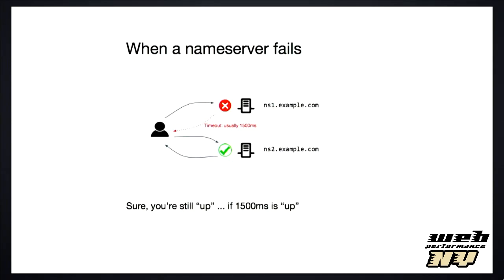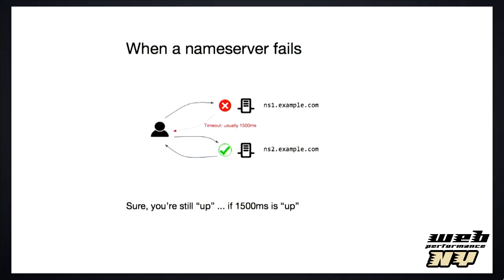If ns1.example.com is having a bad day, and pretend there's a resolver in here somewhere and we're following the full DNS lookup process, we're going to do the lookup. We're going to send a UDP packet to ns1.example.com. We're going to wait a little while because UDP is a connectionless protocol, and the only way we know whether we're going to get an answer back is waiting a while and then giving up eventually, right?